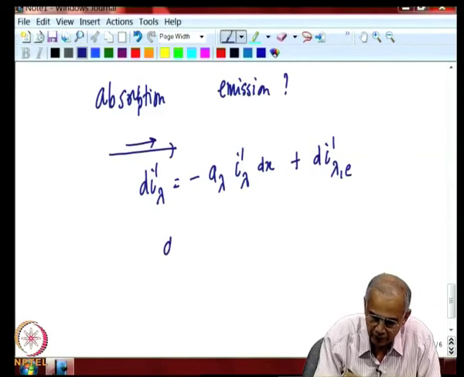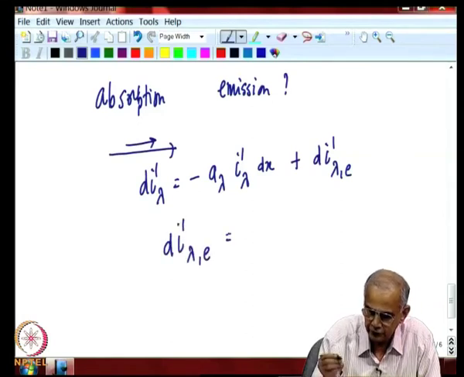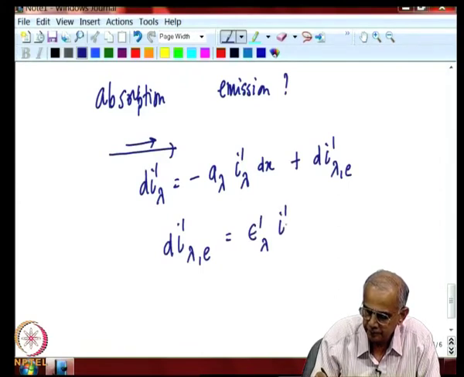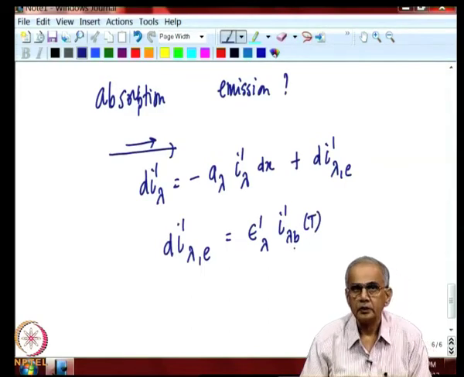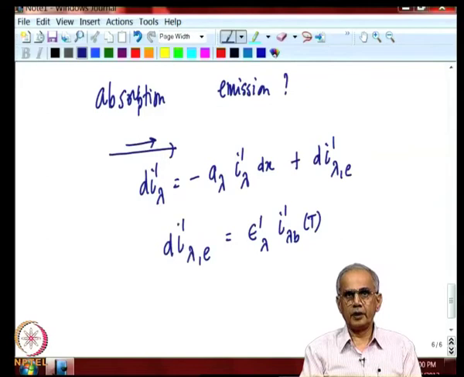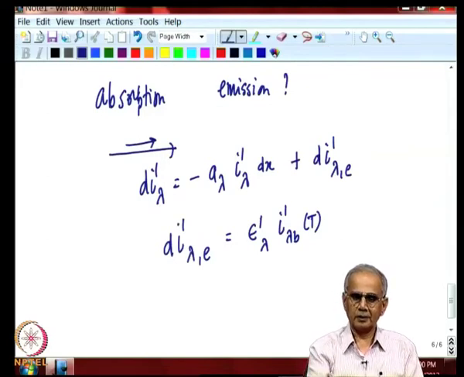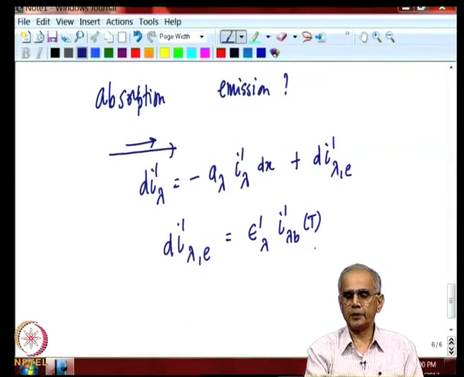So, from the basic definition of emissivity which we began in the first few lectures, we know it has to be this quantity. Notice the B here. So, the amount of emission in a given layer dx is the emissivity of that layer times the black body intensity at the temperature of the gas.